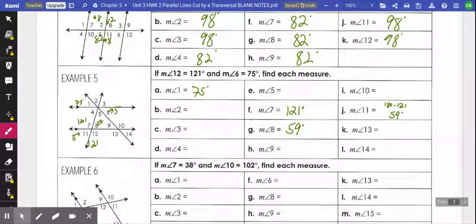Now, with this one here, there's nothing so far to help us define linear pairs. So the next thing I want to look at is, do I have corresponding angles? If I look at angle 6 here, yeah, angle 6 is corresponding to angle 14. So that's going to be also 75 degrees.